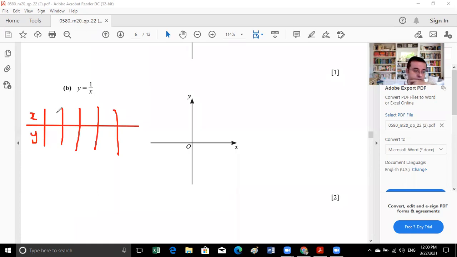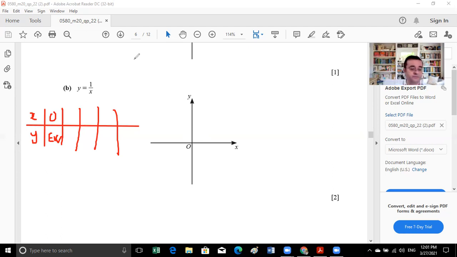First one, take 0: 1 over 0 is a math error. So at 0, there is no solution, correct? So the graph has no intersect at 0, 0.